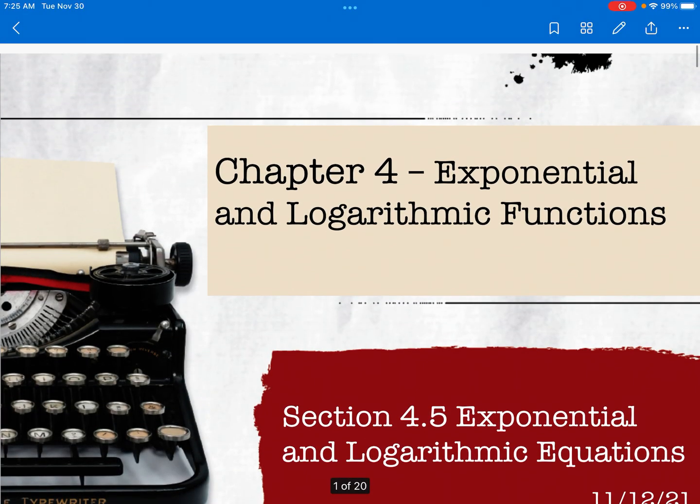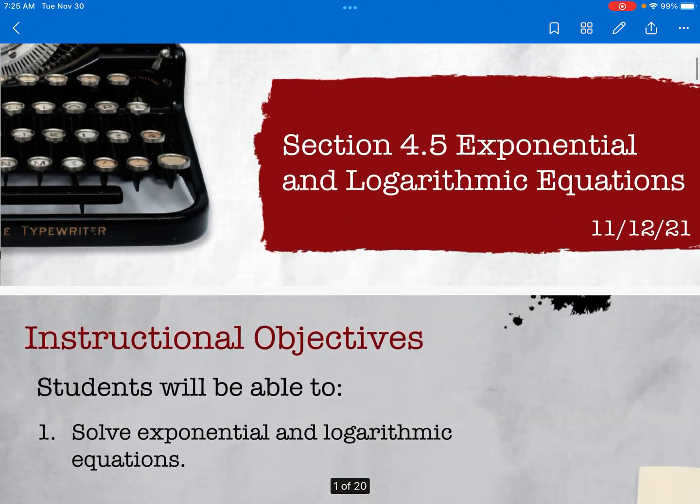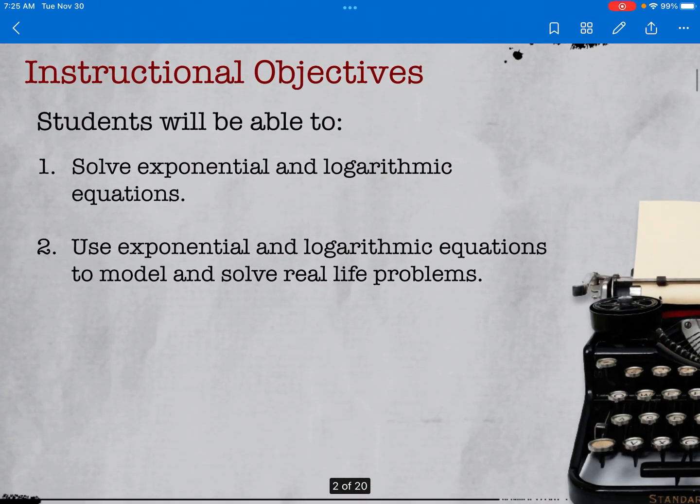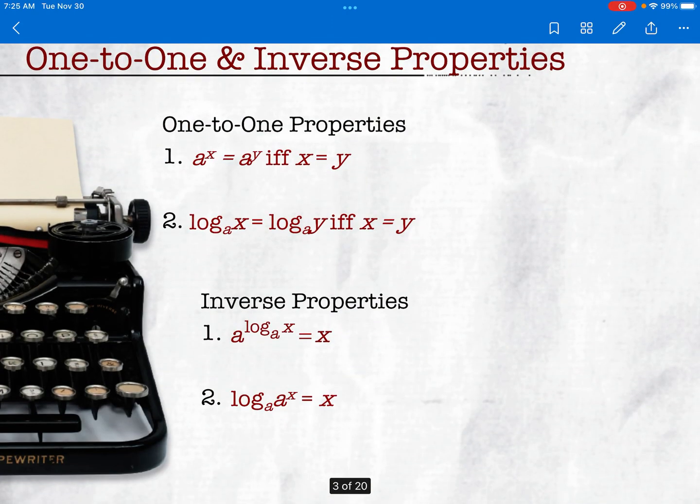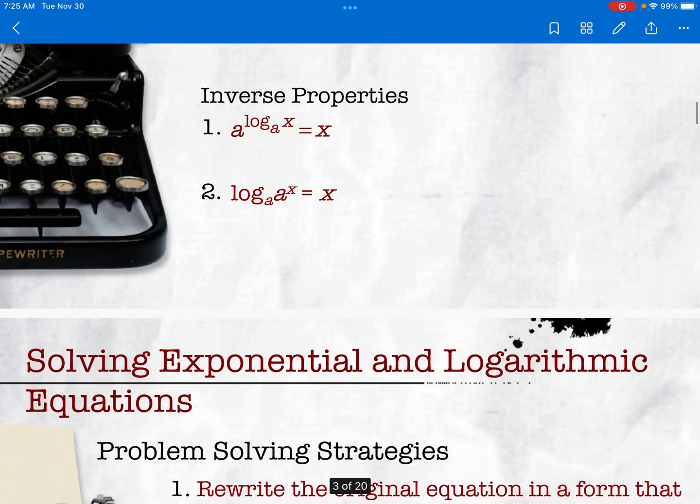Okay, today's lesson is on exponential and logarithmic functions, and we're going to actually solve these functions. And to do that, we're going to have to use the one-to-one properties or inverse properties that we discussed previously.